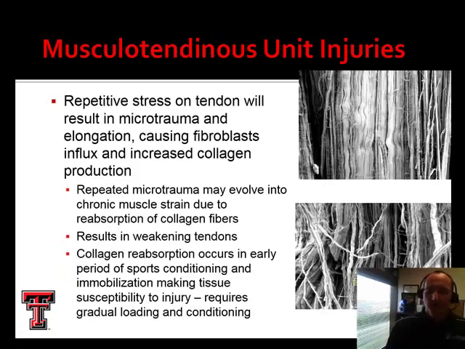Ordinarily, tendon has this kind of wavy parallel arrangement, healthy connective tissue tendon. In a diseased state, we end up with this disorderly arrangement. So instead of this striated waviness, and the waviness allows slack to be taken up, we end up with this kind of mop head look. Repeated microtrauma may turn into chronic strain because our body doesn't lay that tissue back down the same way that it initially was.